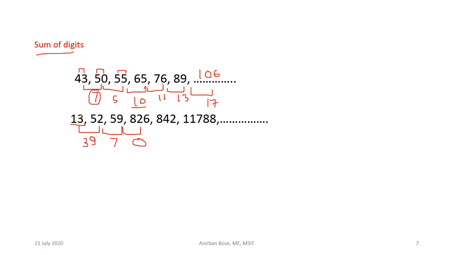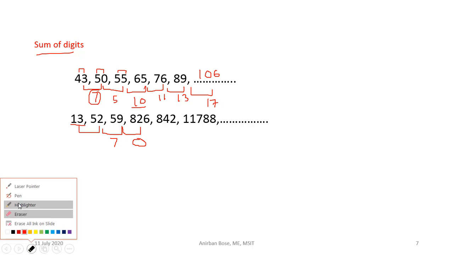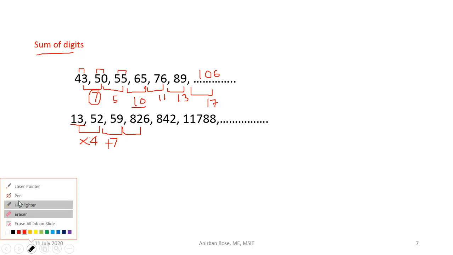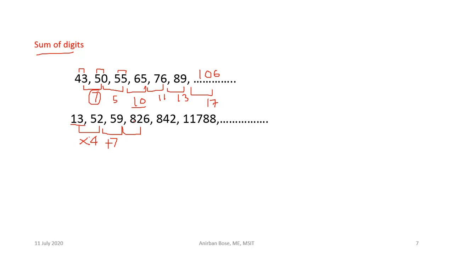So 52 you can also think of in that way, 13 into 4, right? So it is multiplying by 4, then added by 7. So here some kind of a multiplication is there, right? So you can get this idea that if one number is very large, that means there's some multiplication and then some summation.